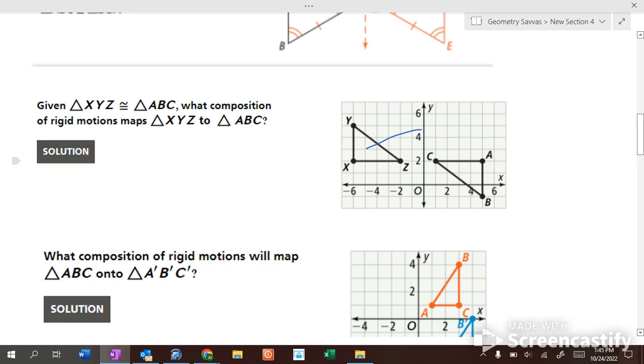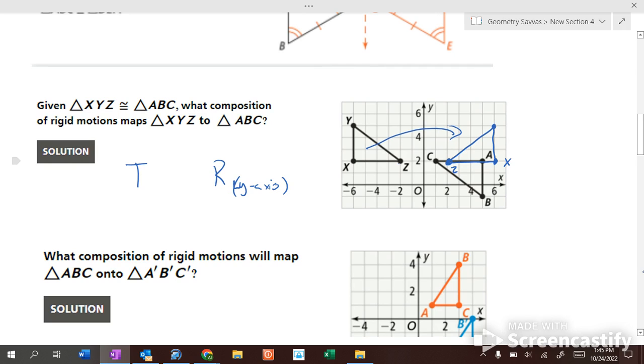First, if we flip it across the y-axis, if we reflect it across the y-axis, Z would map right here. Z would be there. X would be over here. And Y would be right up here. That's flipping across the y-axis.